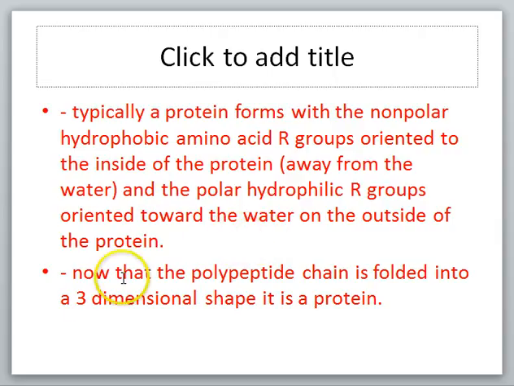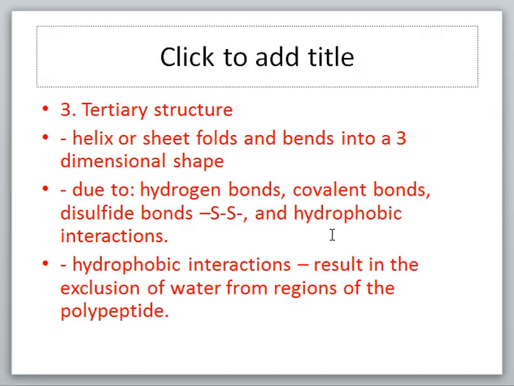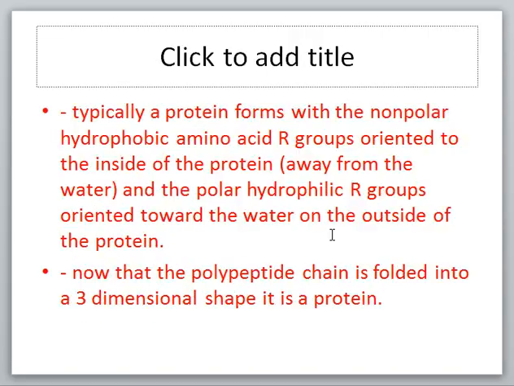Okay, now that we have the polypeptide chain folded into some three-dimensional shape, it is actually a protein. So a protein is going to have this right here, primary, secondary, and tertiary levels of structure. Okay.